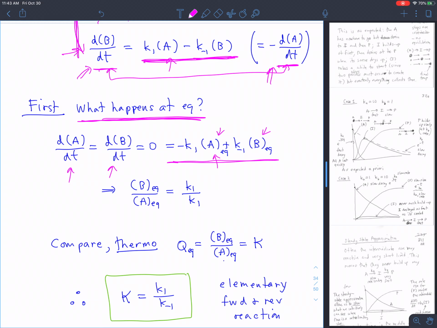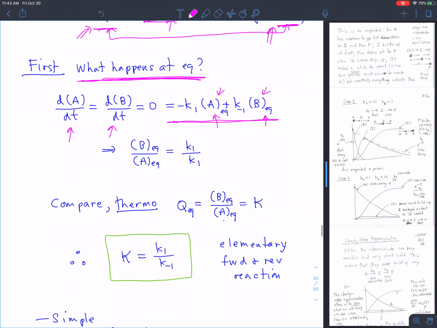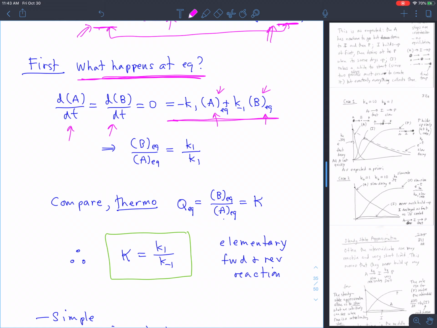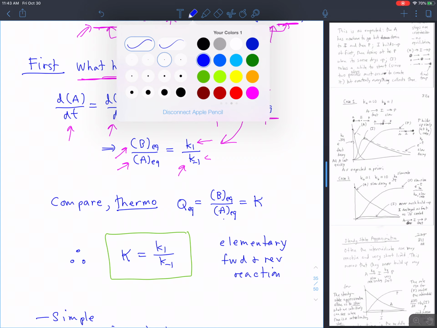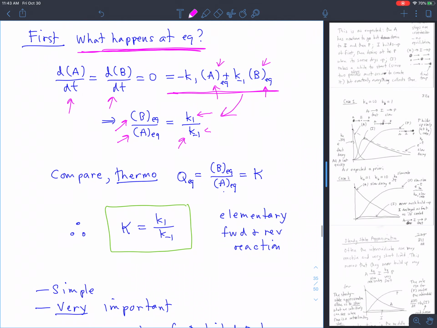So this is A_eq and this is B_eq. If that's true, then we can rearrange that a little bit and we get that the concentration of B at equilibrium divided by the concentration of A at equilibrium is equal to the rate constant in the forward direction divided by, oops, that should have a minus sign on it, the rate constant in the reverse direction.